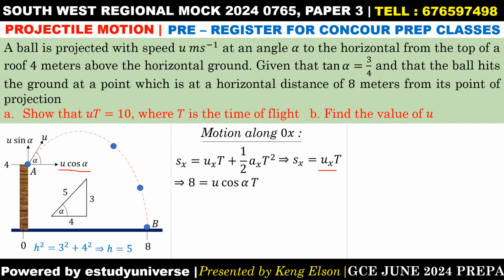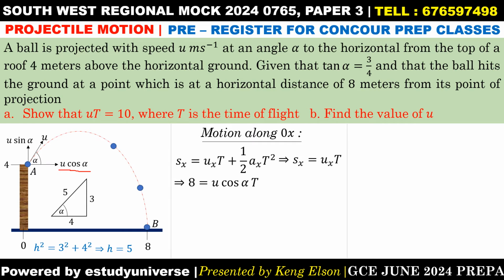And the Sx here is the total horizontal distance traveled, because the time I have replaced here is the time of flight. If I just place a small t, without it being the time of flight, then Sx would be just the distance covered in time t, and here the distance covered in the time of flight is 8 meters.